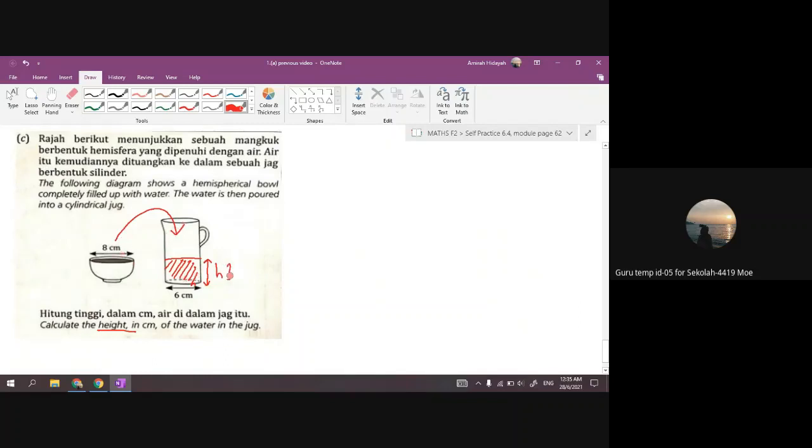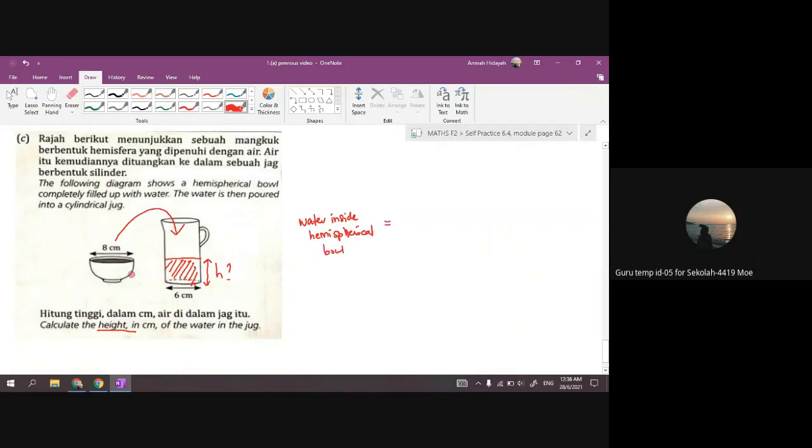Okay, the water coming from the hemispherical bowl ni lah lepas dia dituang tu kan. So height dia berapa? So first we find the volume of the water inside the hemispherical bowl first. So hemispherical bowl, water inside hemispherical bowl.